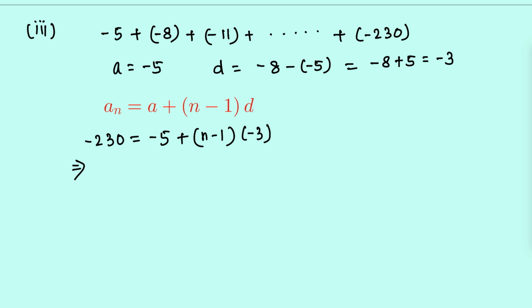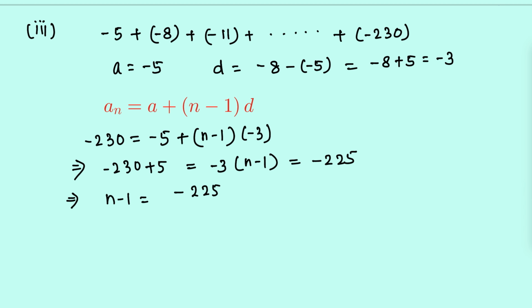This implies minus 230 plus 5 is equal to minus 3 into n minus 1. That is equal to minus 225, or this implies n minus 1 is equal to minus 225 divided by minus 3, which is equal to 75, or n will be equal to 75 plus 1, which is equal to 76.